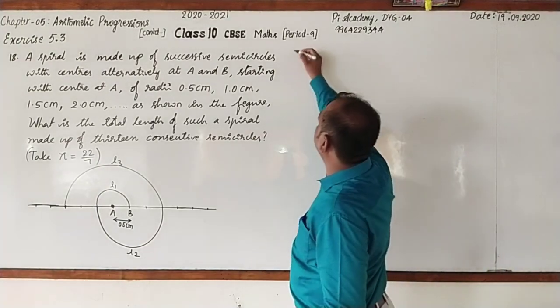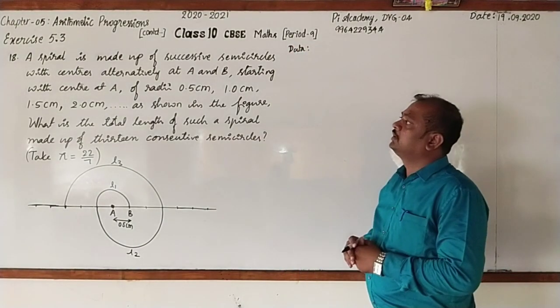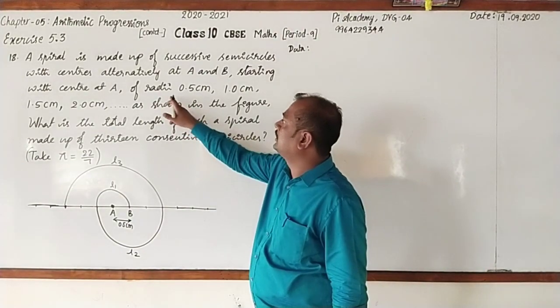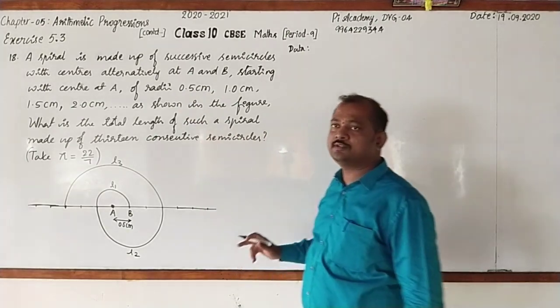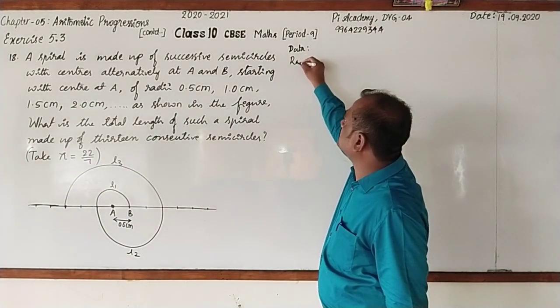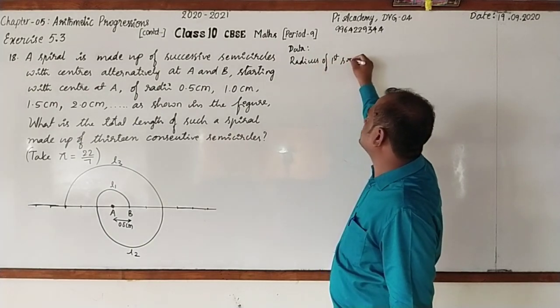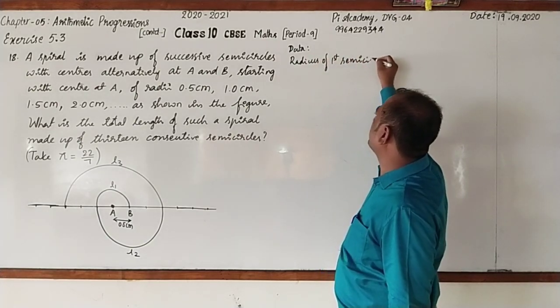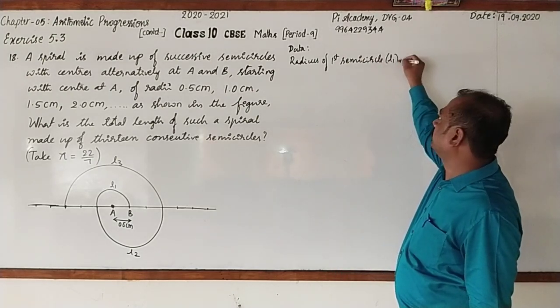Observe here. I'll write the data. You can also write with me. It has been given that the radius of the first semicircle is 0.5 centimeter. Here I'll write radius of first semicircle, that is L1.